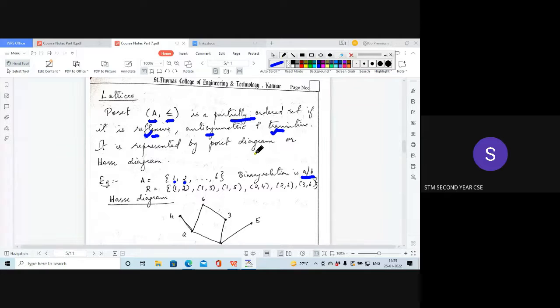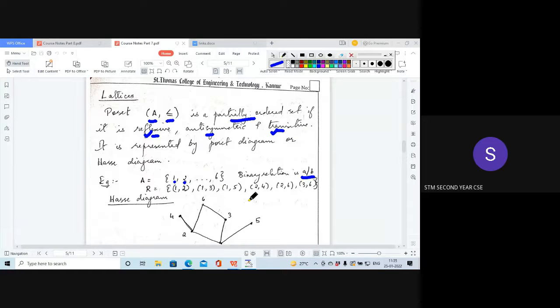Once you're given a relation, we first draw the directed graph, and from the directed graph, we eliminate those edges that satisfy reflexive and transitive properties, and we get the Hasse diagram. The Hasse diagram for this particular set under the relation a divides b is shown below.